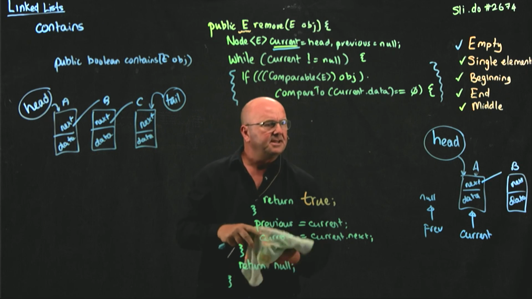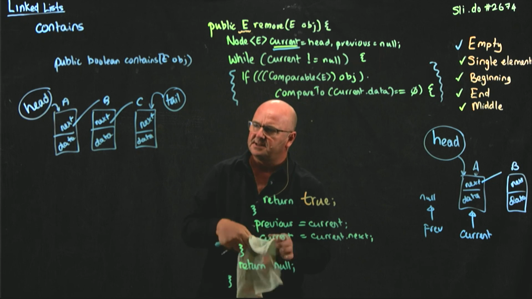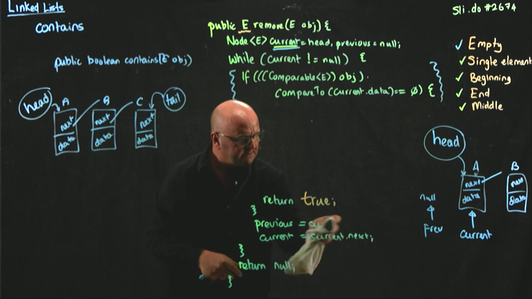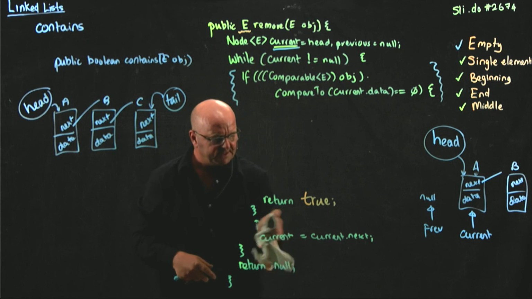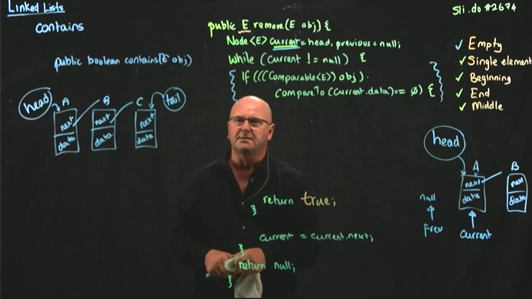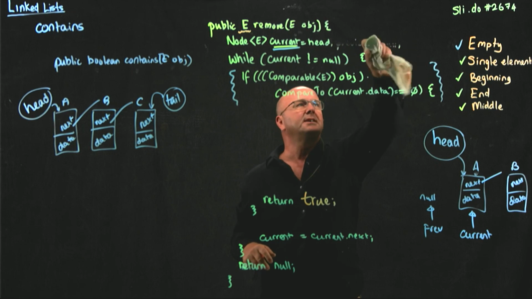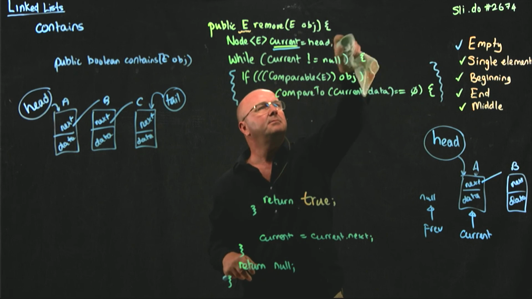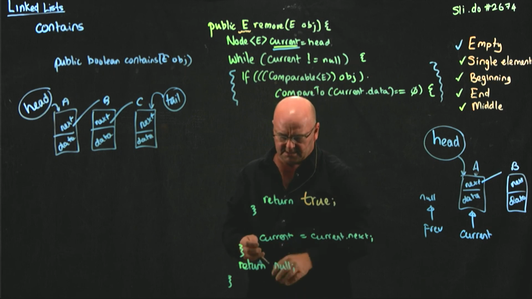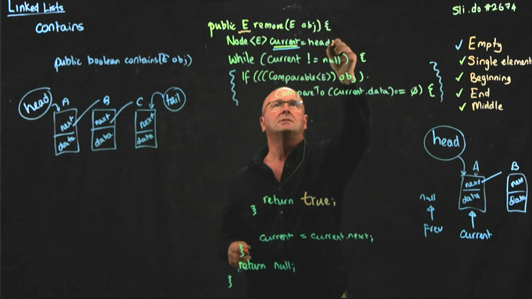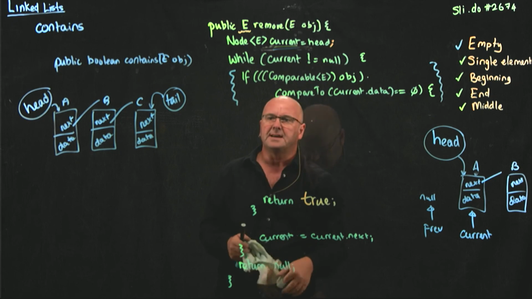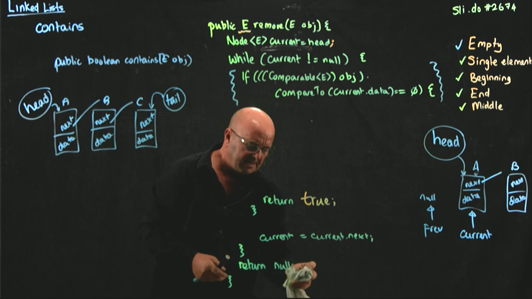Then I don't actually need to know the thing before, because all I need to know is if it's there, right? So I can get rid of this previous equals current. I can just use current equals current.next. Because I've got rid of that, there's no other place of code where I mention previous, so I don't need to bother with previous.